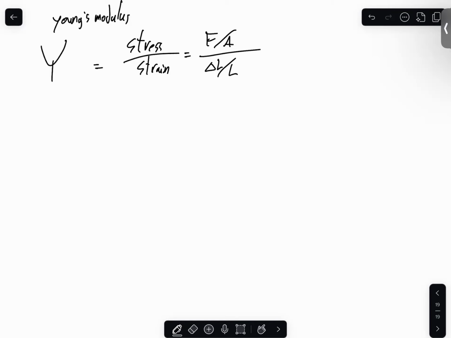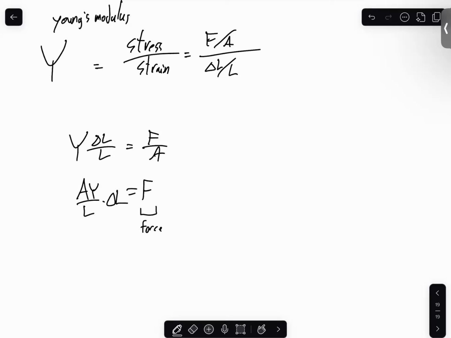Okay, so rearrange this. Let's clear the big fraction. Let's get F alone. I like F. I'm going to rearrange that in this way. Wait, hold on a second.